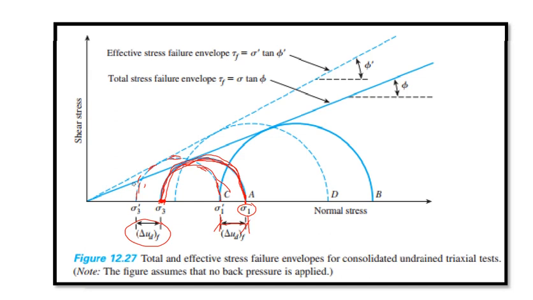So, meron tayong offset doon sa ating total stress circle by this delta U or yung ating pore pressure. So, in this case, we have an excess pore pressure as the effective stress is lower than that of the total stress, shifting yung ating Mohr circle to the left. So, ito yung ating dash line. Ito yung ating effective.